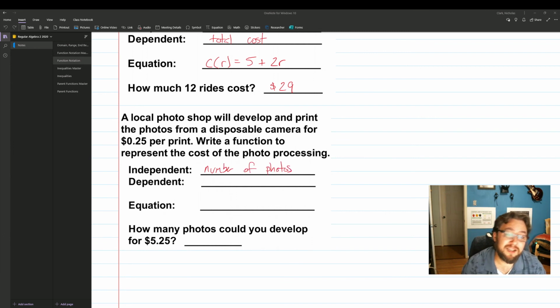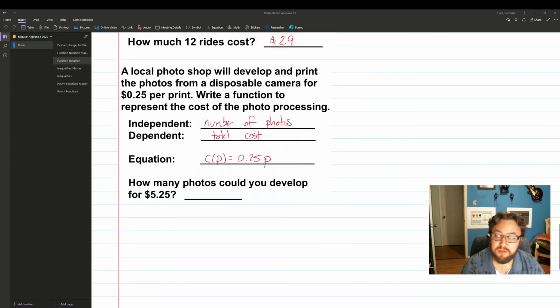And our dependent, again, here is going to be our cost. Cost is generally a dependent variable. Okay, so the cost of pictures is equal to 0.25 dollars per picture. Pretty easy.